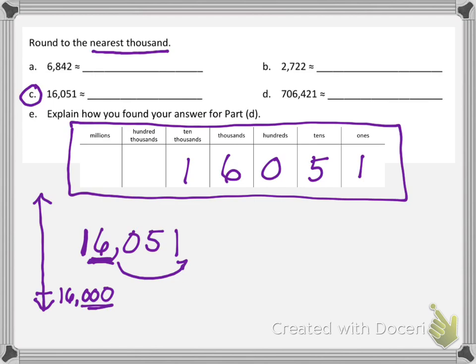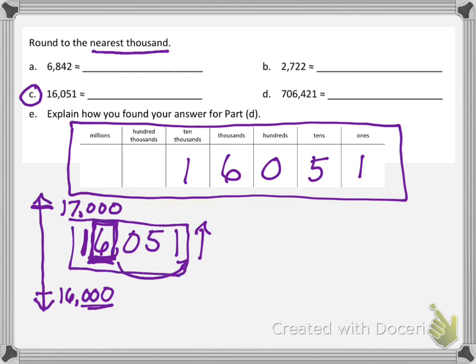And if we're going to go up here, what are we going to put there? Well, if we're focusing on the 6,000, we're going to go up 1 more thousand, which gives us 17,000. So when we look at 16,051, we need to ask ourselves, is it closer to 16,000 or 17,000?